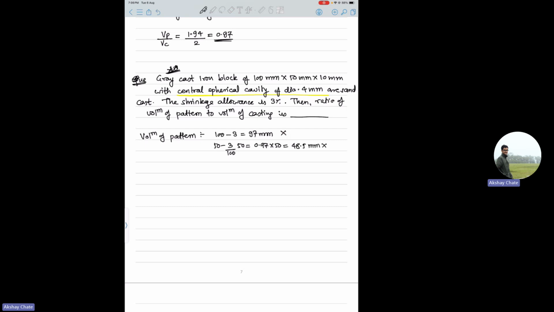I should not say this as volume of pattern, but dimensions of pattern. And then the 10 mm will be 3% less, so 0.97 into 10, that is 9.7 mm. So your volume of pattern, which is VP, is 97 into 48.5 into 9.7.